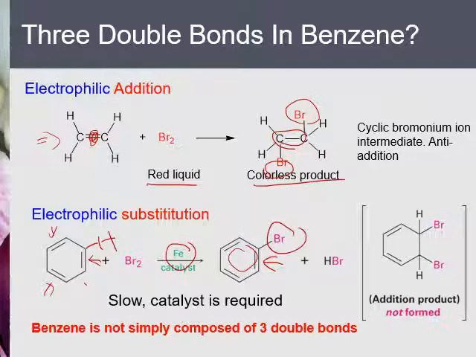So the reaction is called a substitution reaction. Instead of addition, it's a substitution reaction. And this experiment suggests that benzene is not simply composed of 3 double bonds as the structure suggests.